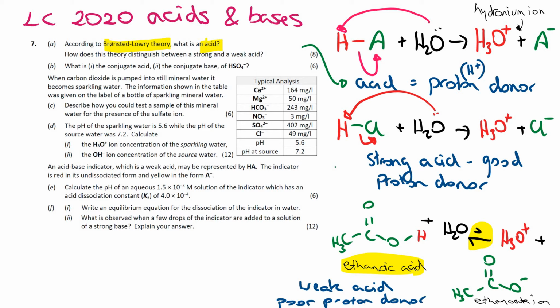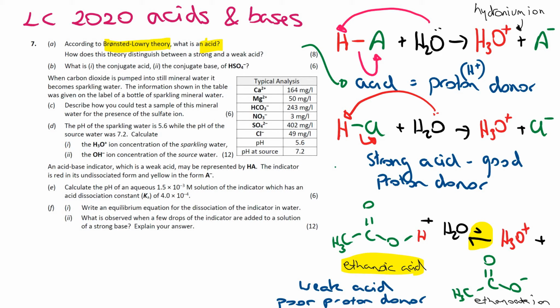I can actually use these equations to talk about the different definition of an acid, the Arrhenius acid. An Arrhenius acid is an acid that dissociates in water to produce hydrogen ions. Here I'm showing the water taking the hydrogen from the molecule and becoming H3O plus.